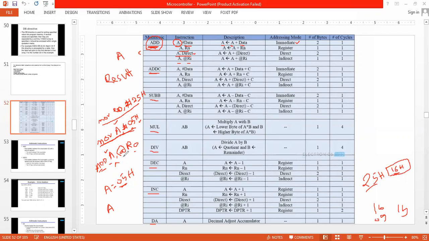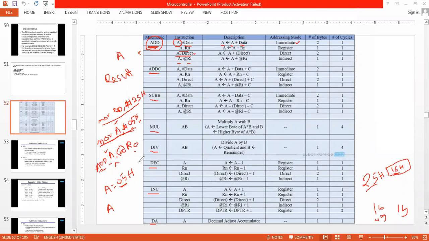ADD A comma @R0. Yeah, make it fast. What can be the answer? Nida, Salman. 2A. What can be the other answer? Can anyone tell else? 05H. Madiha said 05H.